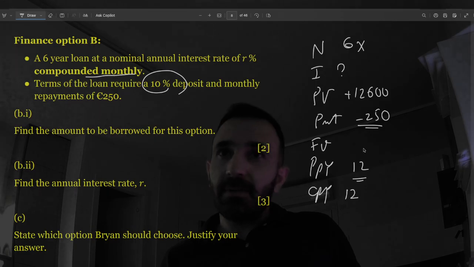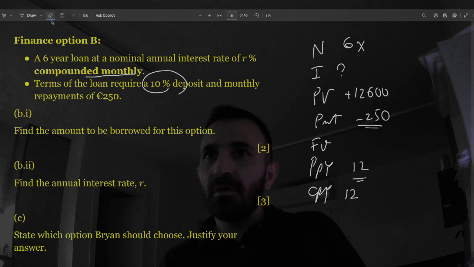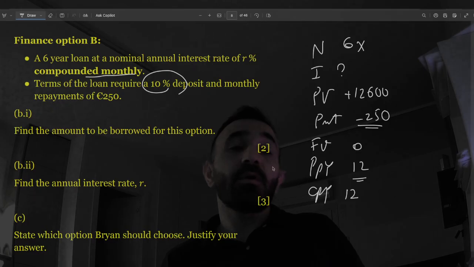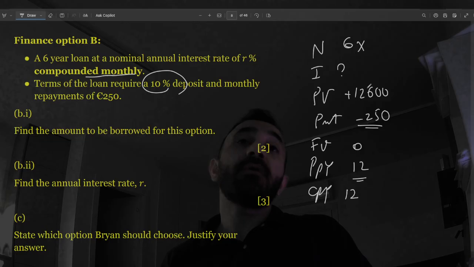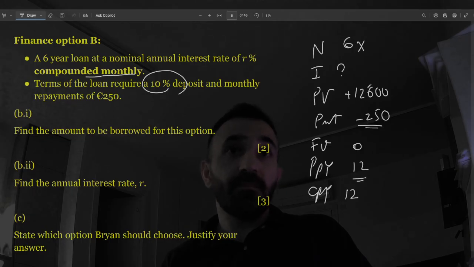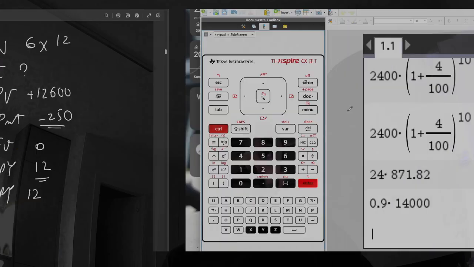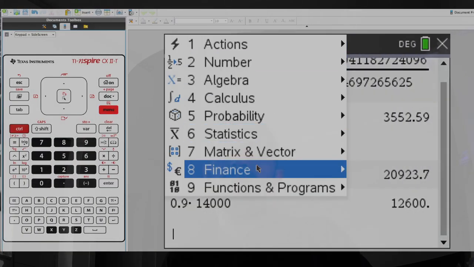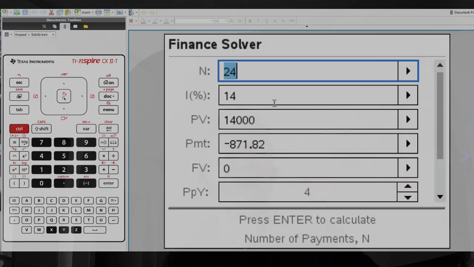So yes, and the present value is going to be 0. Okay, future value. So everything is given. Now I have to find the value of R. 6 times 12, menu, finance solver. 6 times 12 is 72.